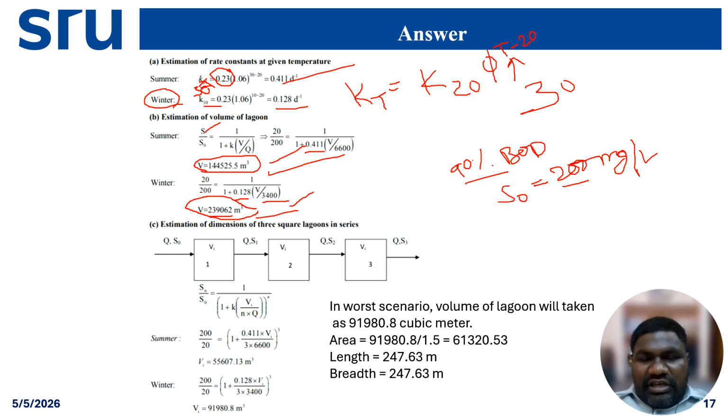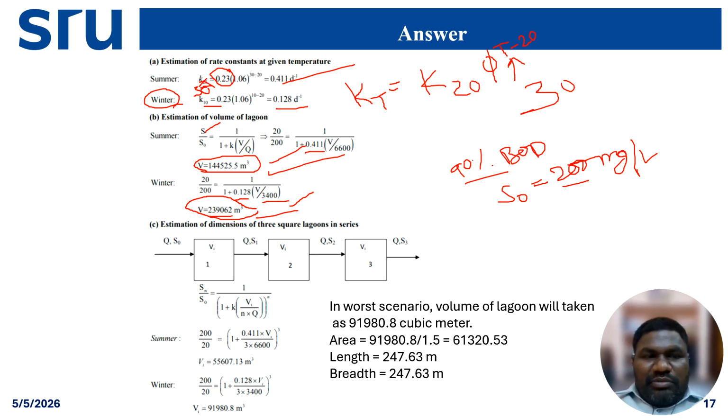If you design a 2,39,000 meter cube reactor or pond, during high flow rate it can sustain, and during low flow rate it can also work. But if you design a volume of 1,45,000, what will happen during winter? There will not be sufficient place to accommodate the waste coming from the community.